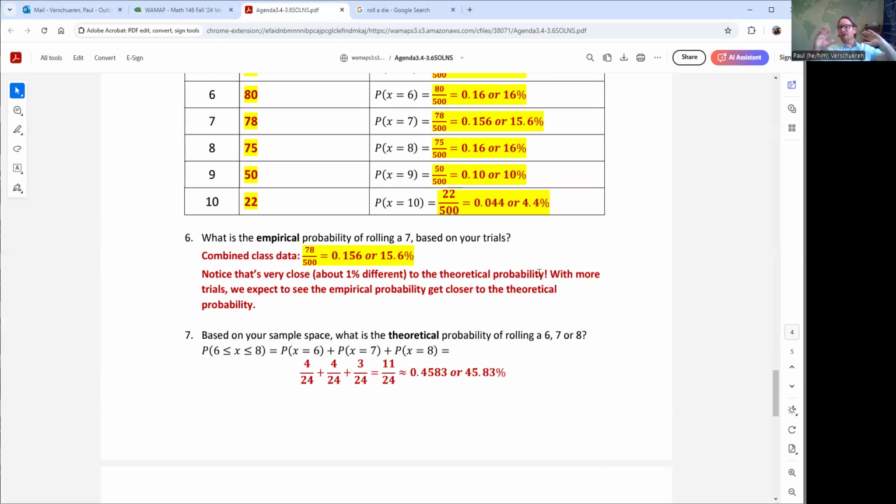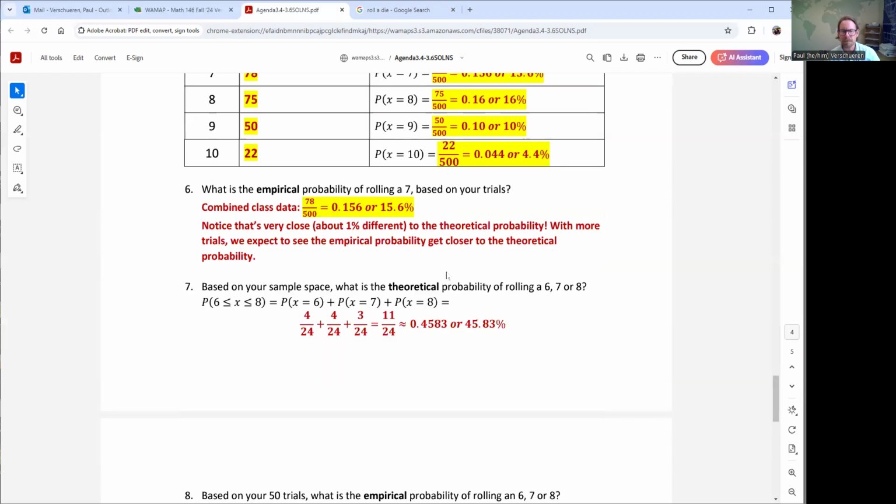Notice those numbers are different, but not that different. This is a good example of the law of large numbers, which basically says if we keep rolling the dice over and over again, the empirical probability should match the theoretical probability. If we did 5,000, 50,000, 500,000, 5 million trials, we should see this number get basically to exactly 16.67%.